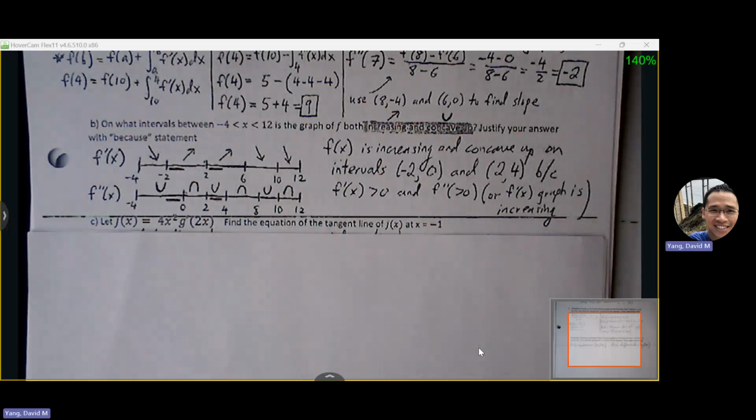Okay, part C, equation of tangent line. So find your ordered pair at the function level, find the derivative using product and chain.